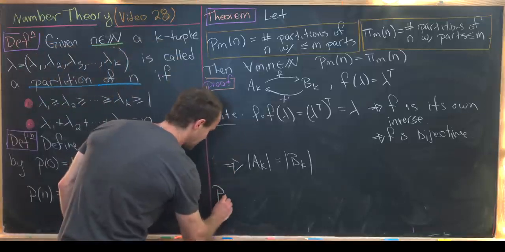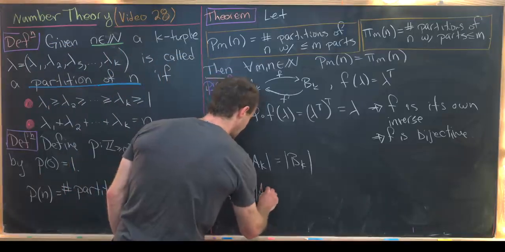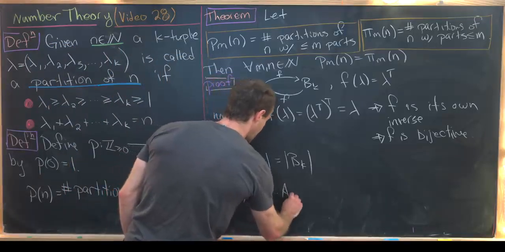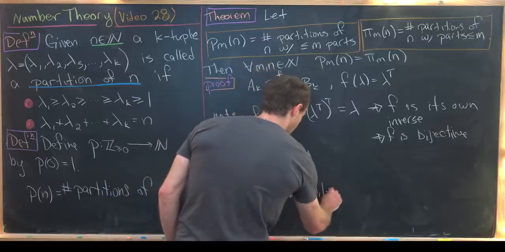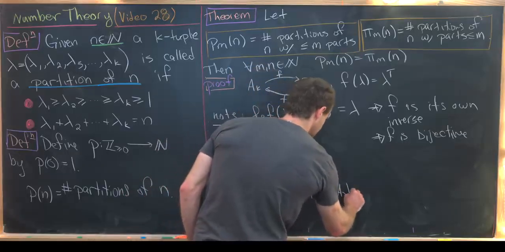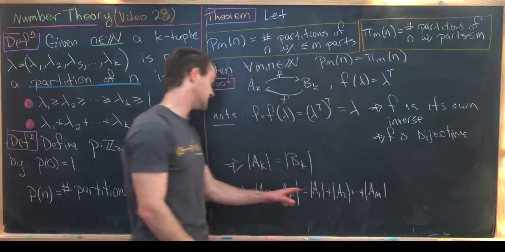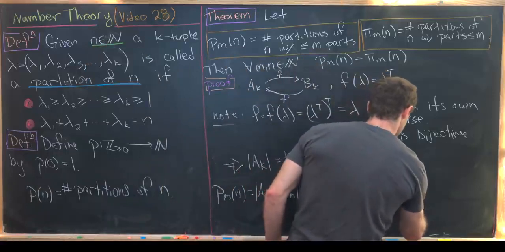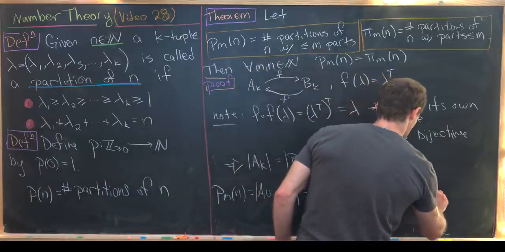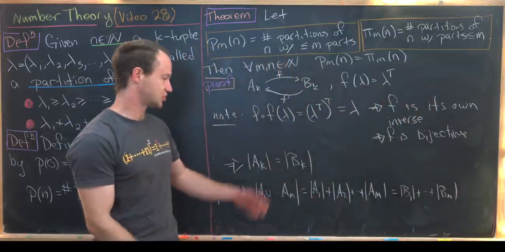So let's notice that p_m(n) is equal to the size of A_1 union up to A_m, which is equal to the size of A_1 plus the size of A_2 all the way up to the size of A_m, because those are disjoint sets. But that's equal to the size of B_1 plus all the way up to the size of B_m from what we just showed.